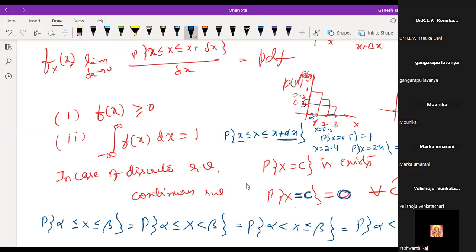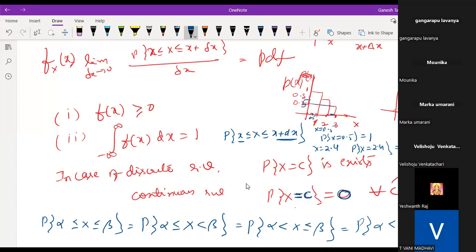It does not matter whether we include the end points of the interval from alpha to beta.